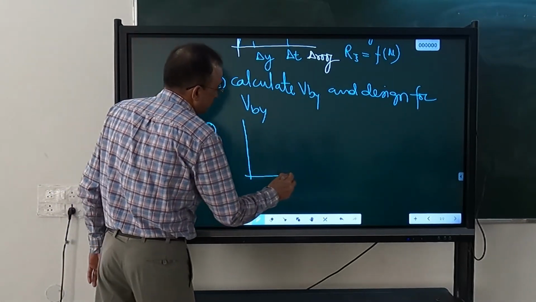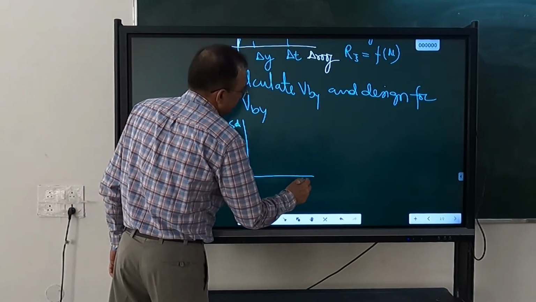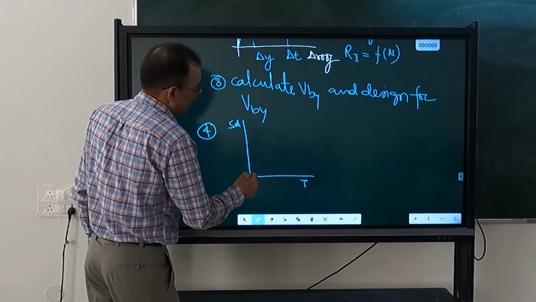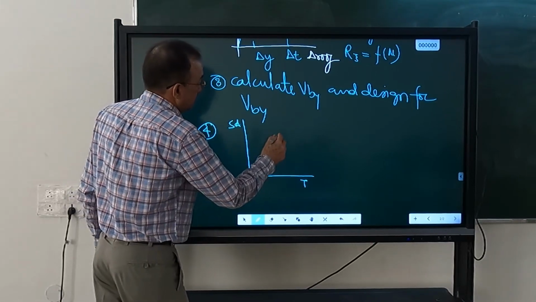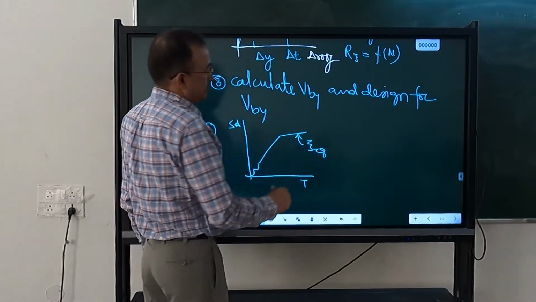For that, what you have to do is plot SD versus T for xi equivalent.